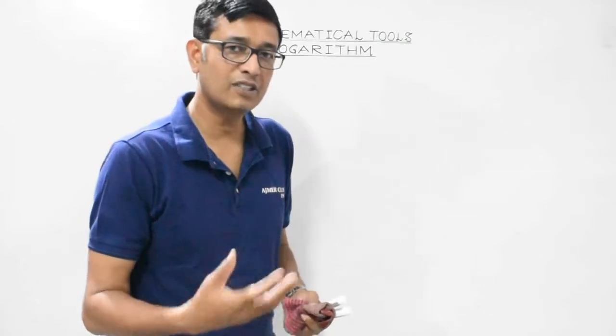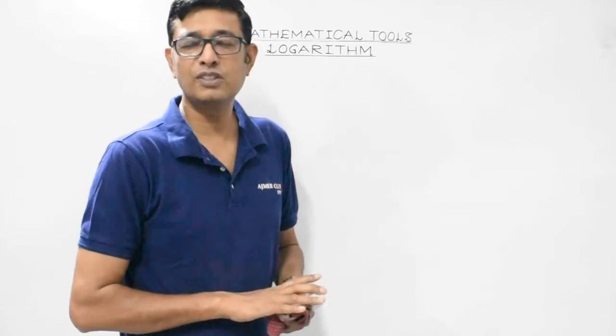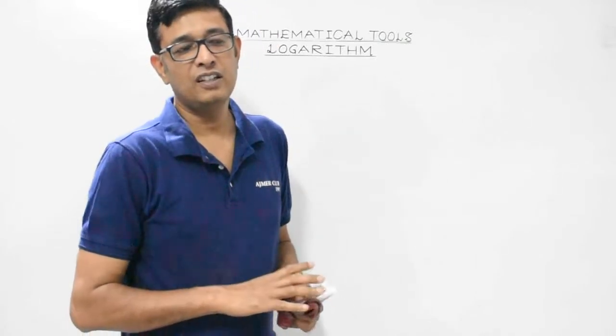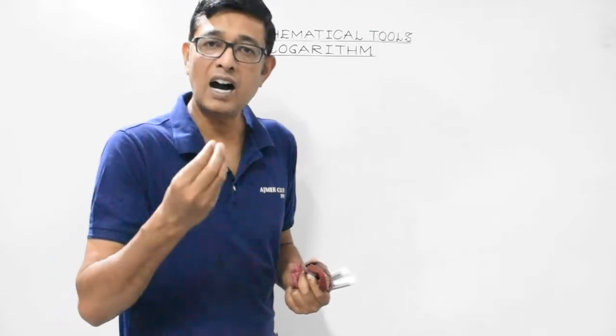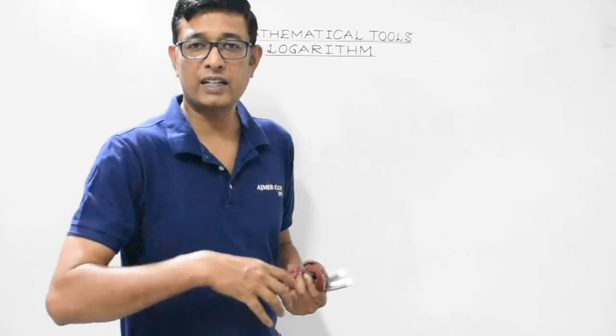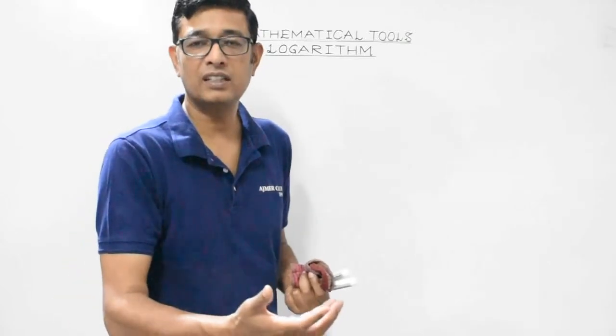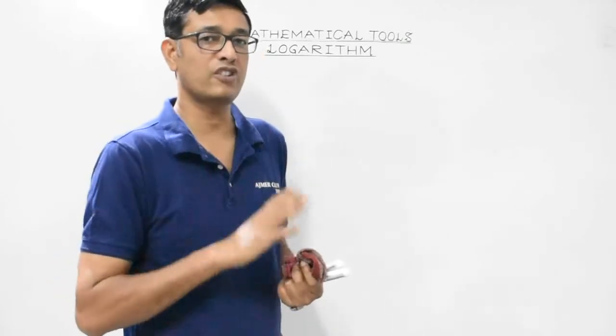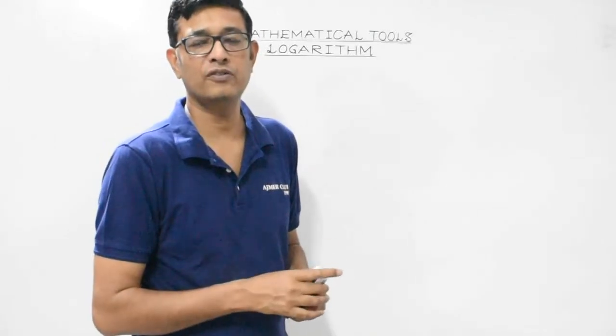Half-life of a radioactive substance. As the term suggests, half-life means it is the time during which half of the nuclei of a given radioactive atoms in a sample will undergo disintegration. So that is known as half-life.